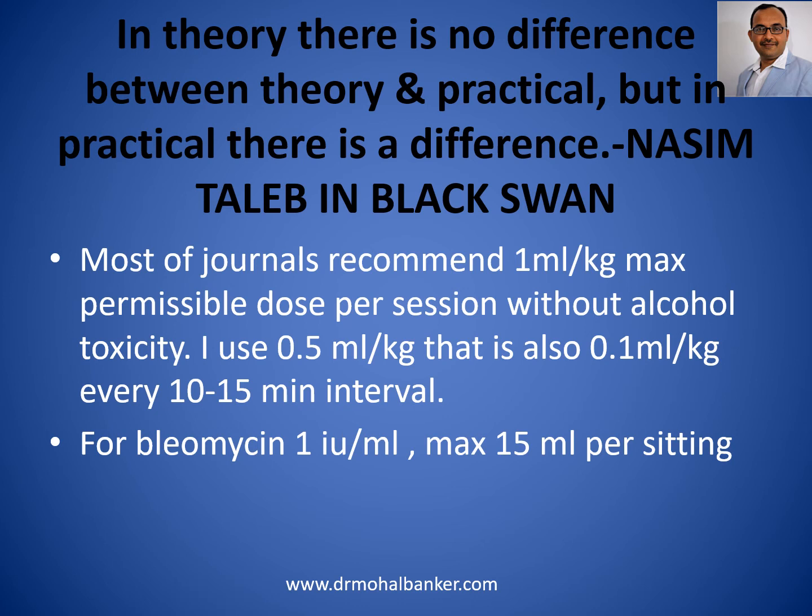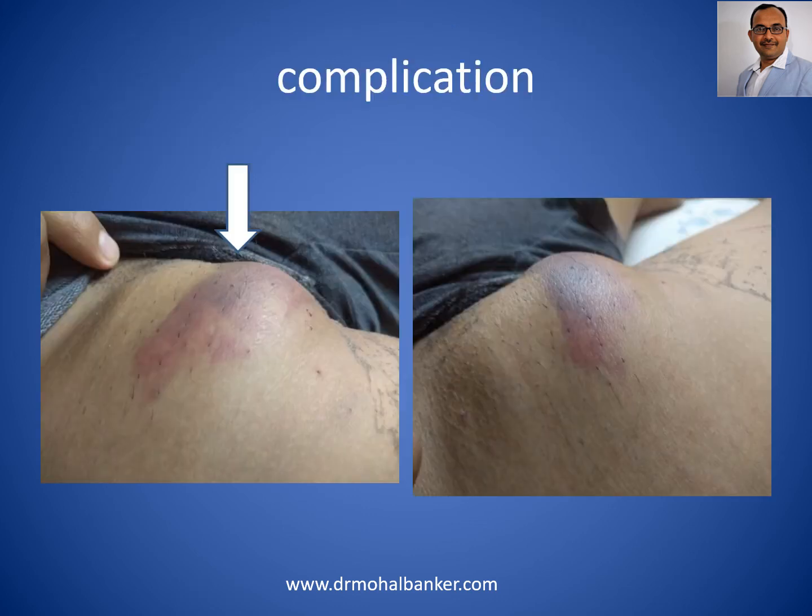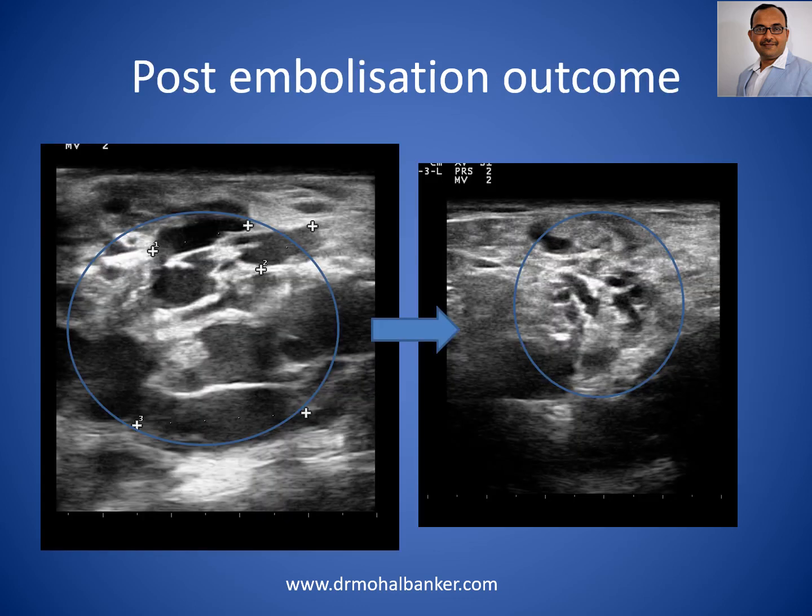There are complications with absolute ethanol. In this patient, skin rashes developed in the post-operative period. Over time, these skin rashes dissolved. Post-embolization, you can see in the color Doppler images that the cystic lesions are significantly reduced in size and number.